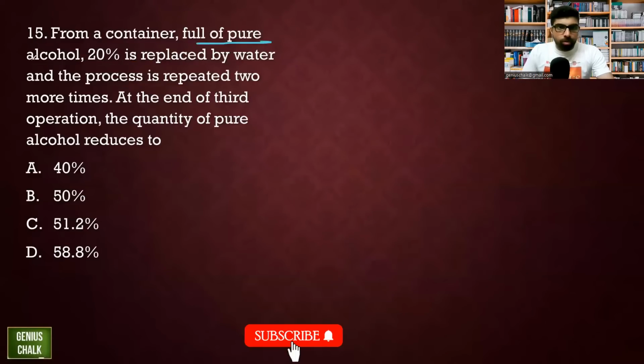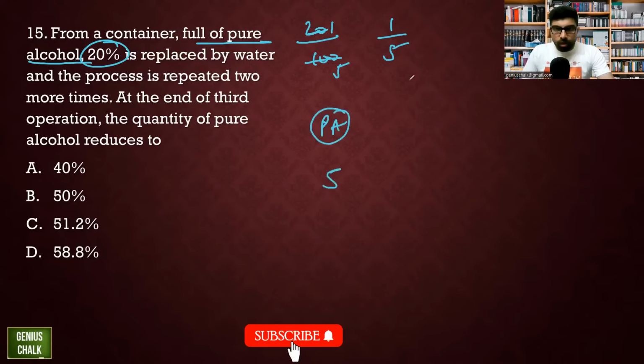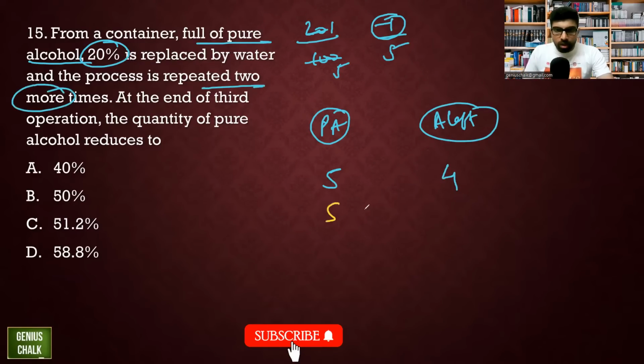From a container full of pure alcohol, 20% is replaced. Now you see 20% is 1 by 5. If the total pure alcohol was 5, 1 is replaced. So alcohol left will be 5 minus 1, that is 4. It is repeated 2 more times. More means total 3. So 5, 4, 5, 4, 5, 4. This is the ratio.